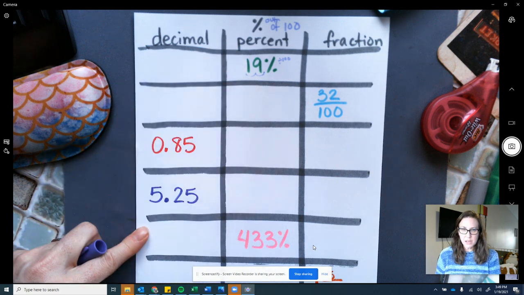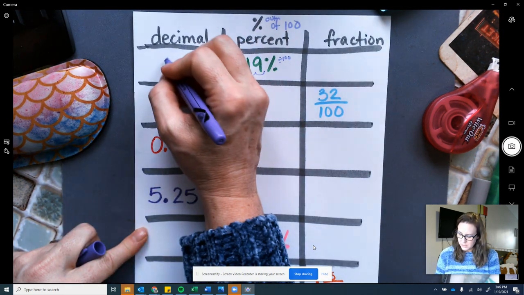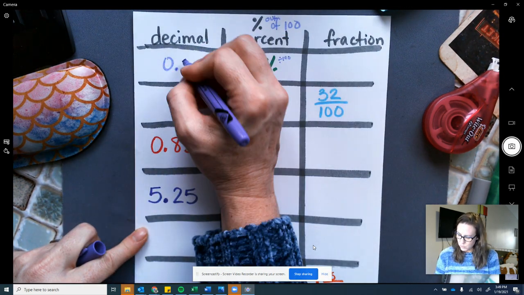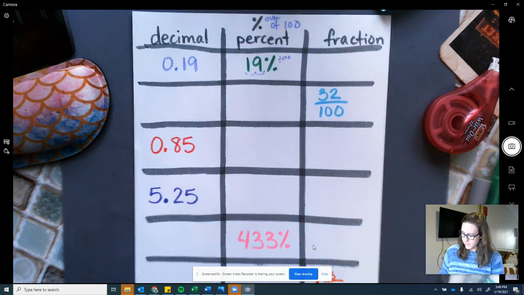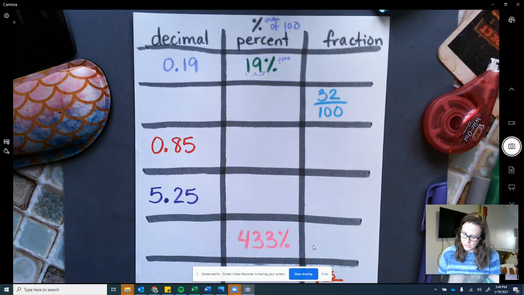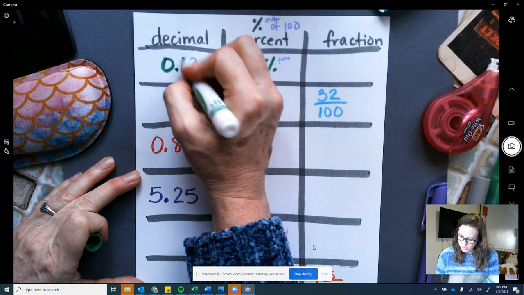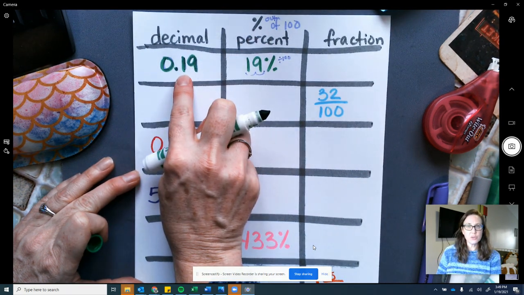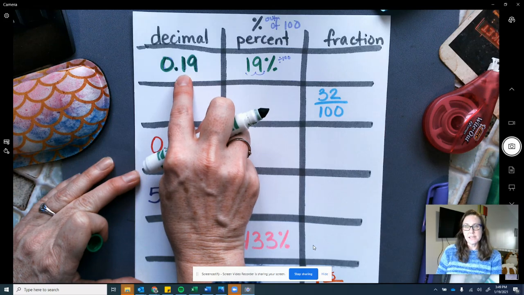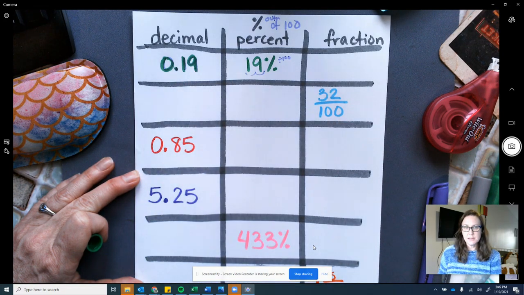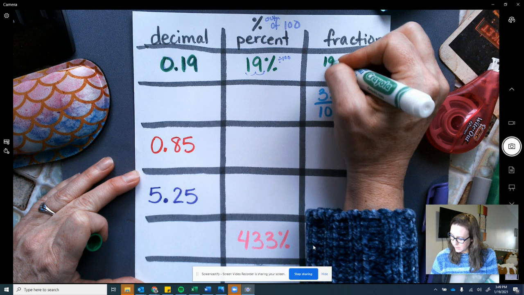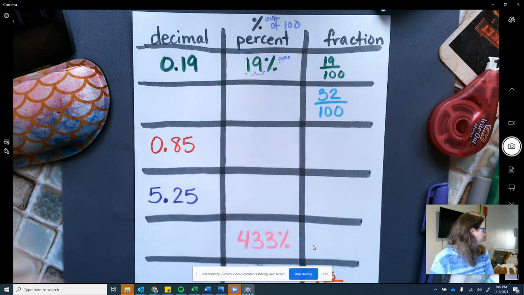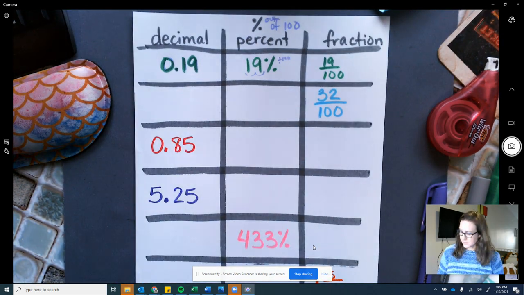So our decimal becomes 0.19. I'm going to try to keep it consistent in green. We say that as 19 hundredths. Now, as a fraction, we write that as 19 over 100. All right, so our first one is done.